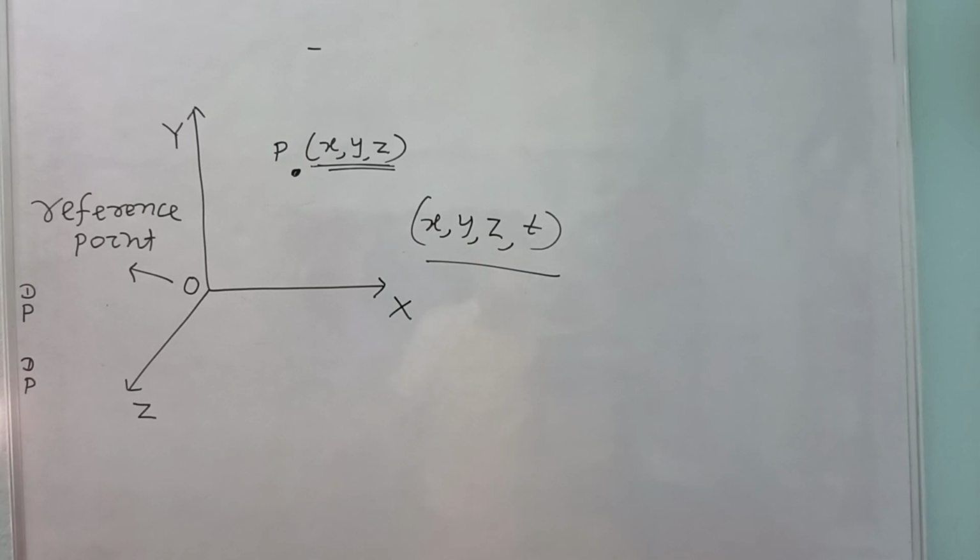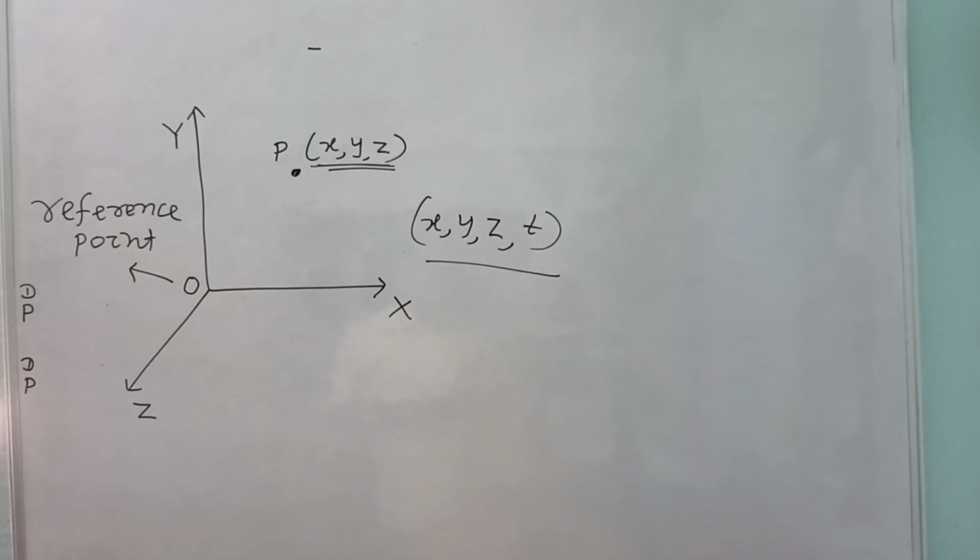I think you understand what is this frame of reference. These 3 coordinates x, y, z with time coordinate represent the position of an object in a particular time. O is taken as the reference point. I mean the position is measured from this reference point, and x axis, y axis, z axis is the coordinate system based on which the position of a particular object can be described.